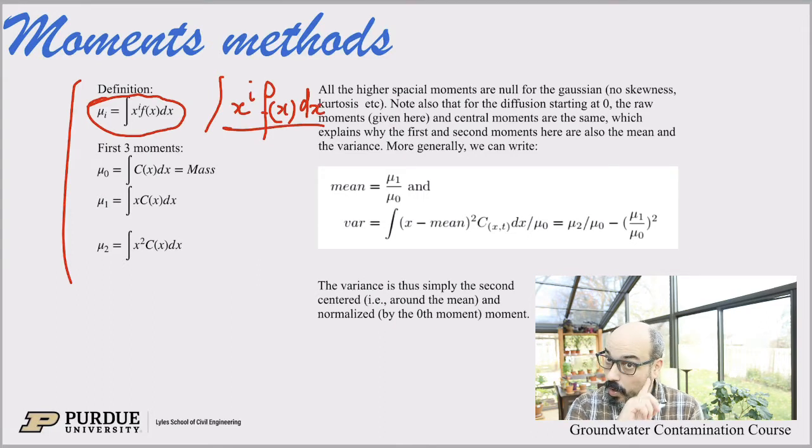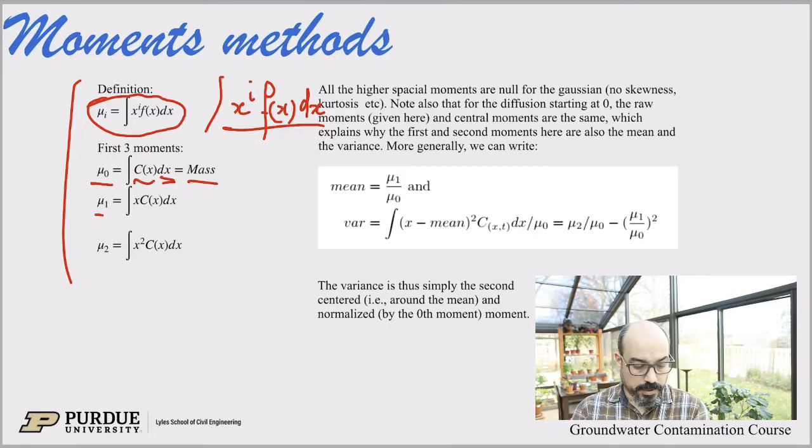So for a concentration distribution, f of x is c of x, let's call it, our distribution. The 0th moment, x to the 0 is 1, so that doesn't count. So c of x dx, and that gives you the mass. Again, as a function of x. This is really important because if it's in time, that's not true anymore. And we'll see what it is in an exercise that you'll have to do for homework.